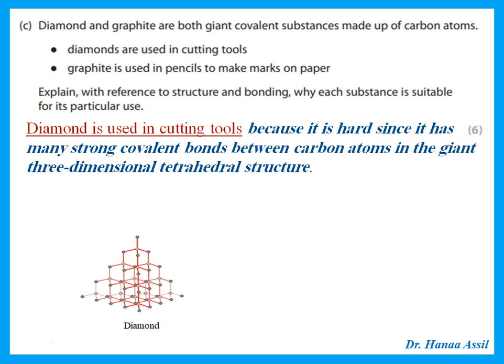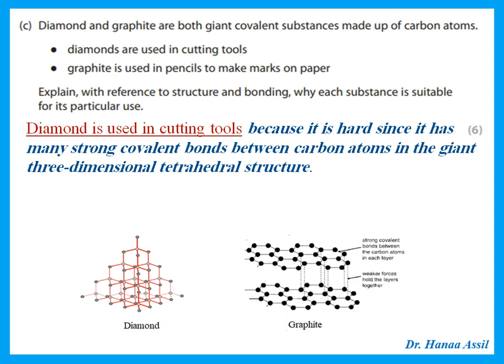So remember that when we're talking about the structure of diamond, diamond is giant three-dimensional tetrahedral structure in which each carbon atom is covalently bonded to 4 other carbon atoms. So it is giant and it has many strong covalent bonds, and that makes it hard.